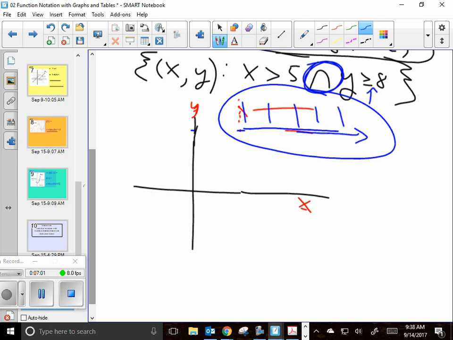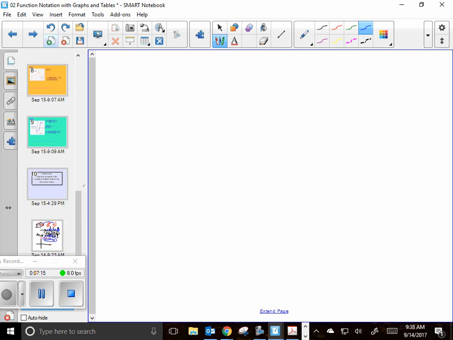What else do you remember doing that you think could possibly be a topic for this next test? Yes. Symmetry. All right. So you just learned last night about how to test something for symmetry. Let's say it's that. I have no clue what that graph looks like.